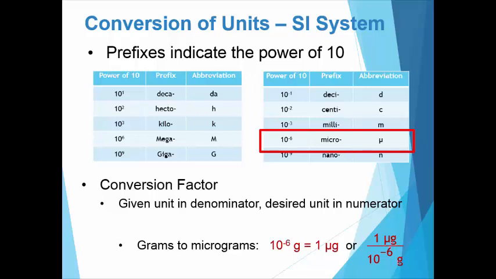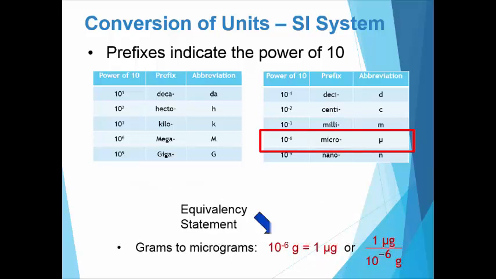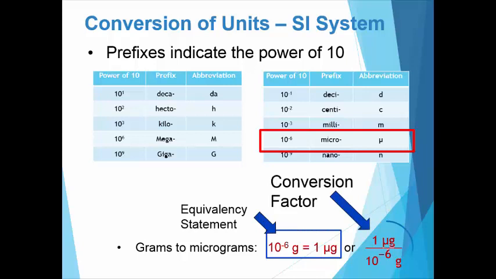All right. Or 1 microgram over 10 to the negative 6 grams. What are those again? Desired over given. That's the same as our equivalency statement, and then our conversion factor. So those are step 1, step 2.